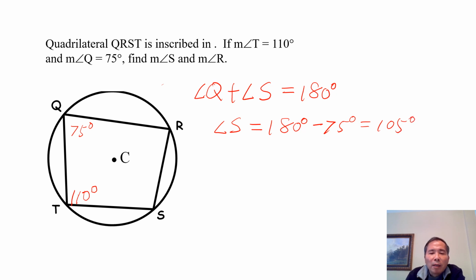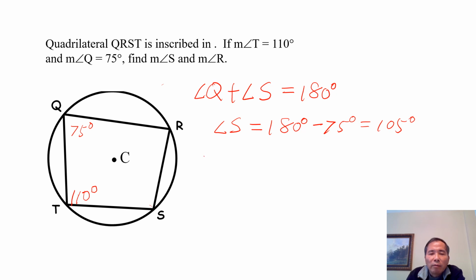Same reason: this is the arc QRS and the arc QTS. Together the arcs are 360 degrees, but the inscribed angles add together to 180 degrees, half of the total circle.